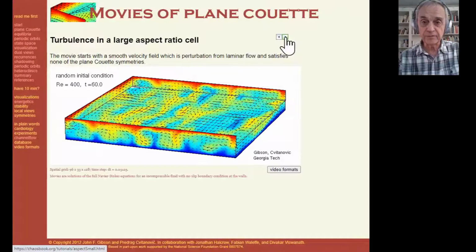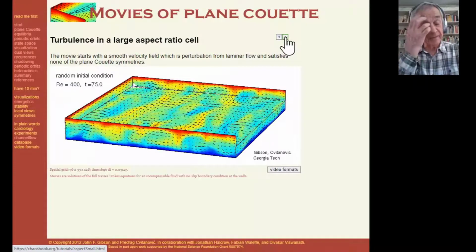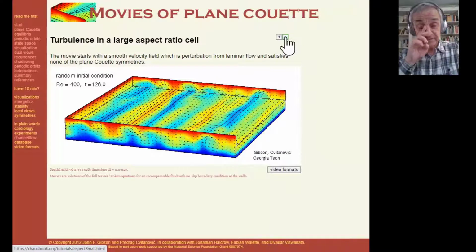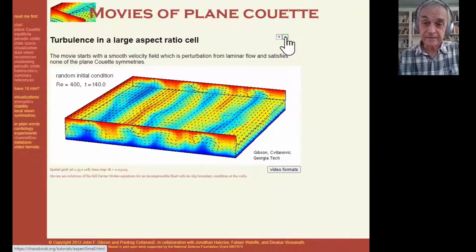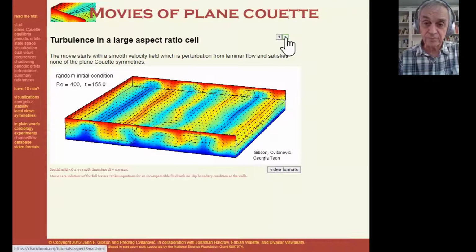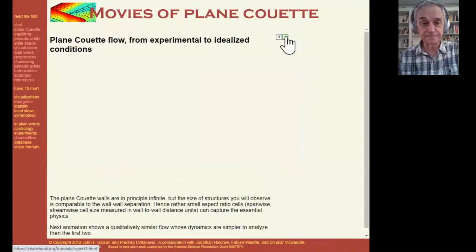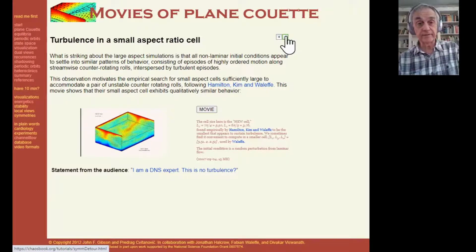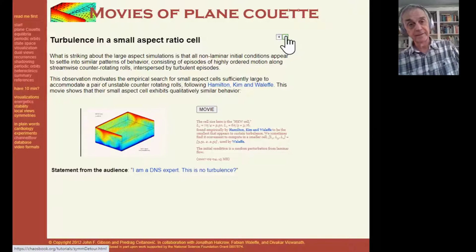So this is what we want to describe. And the striking thing about this is that it's rich in recognizable patterns. In this case, they're called streaks, rolls, vortices, etc. Now, in practice, we are not able to simulate accurately very large cells.